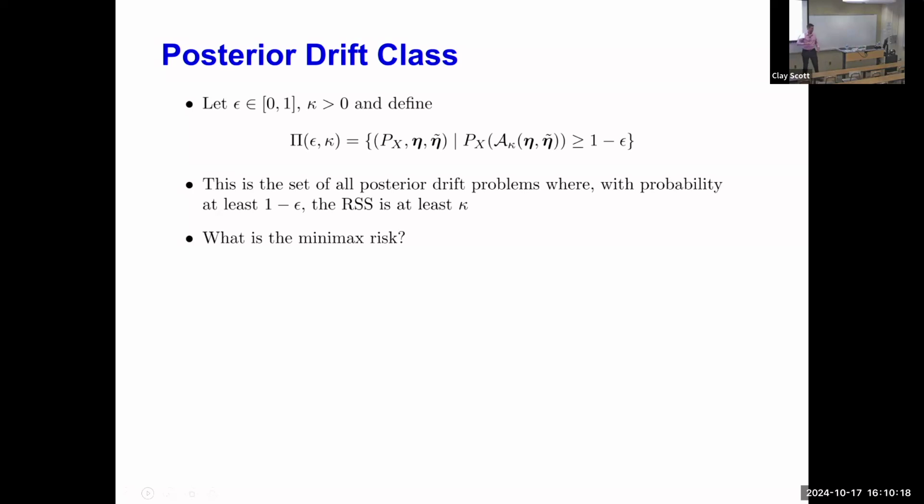I think that it should be. And so we define pi of epsilon kappa to be the set of all posterior drift problems where P_X of the set of X where the relative signal strength is greater than kappa has probability at least 1 minus epsilon.